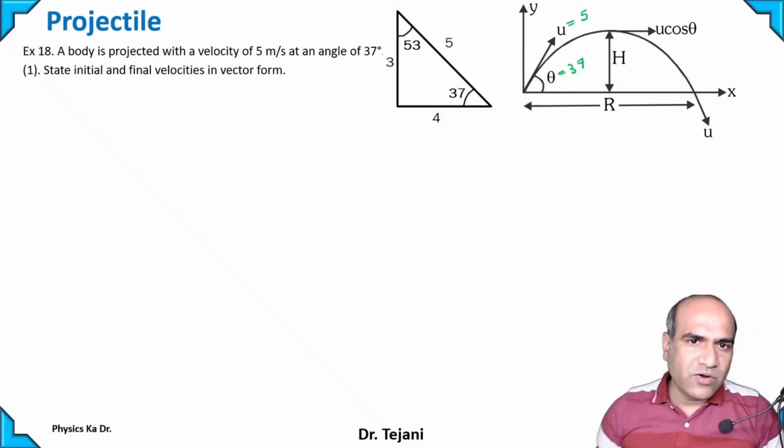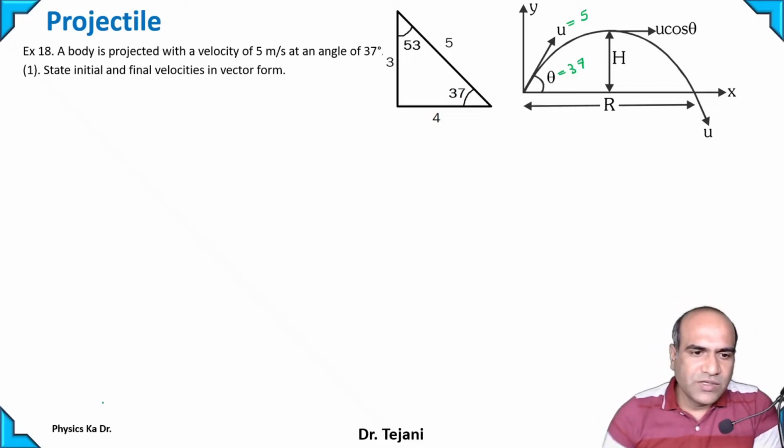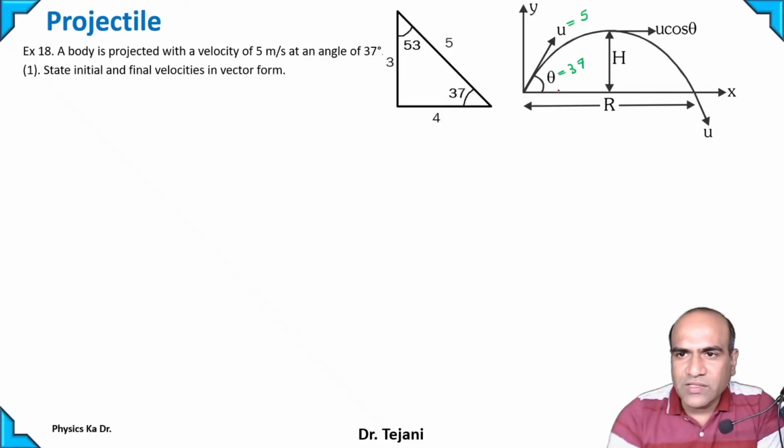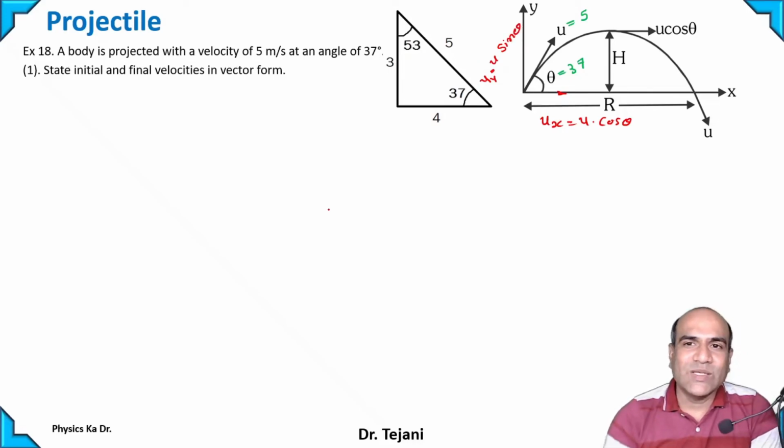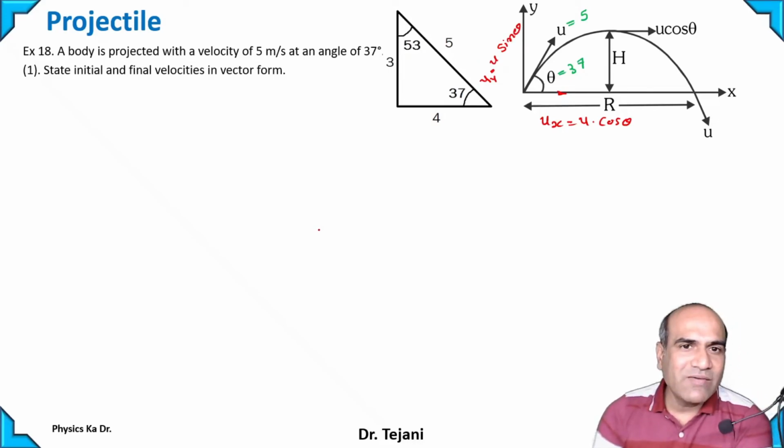Again, we have a similar kind of question. So we have here in this direction ux is equal to u cos theta, and here uy is equal to u sin theta. Theta is equal to 37 is given.